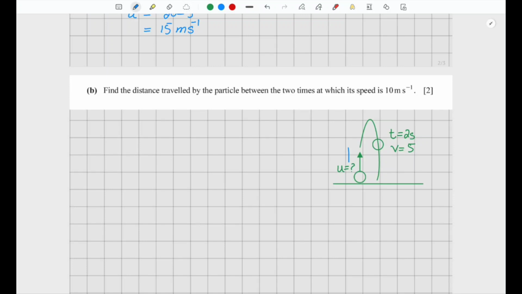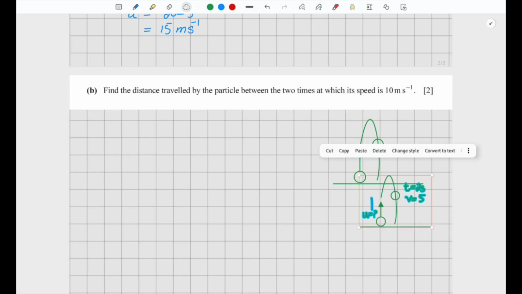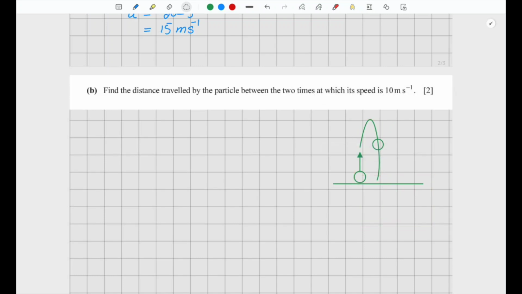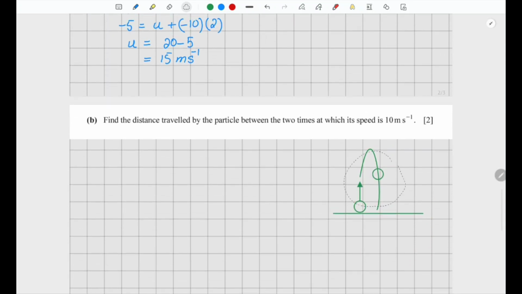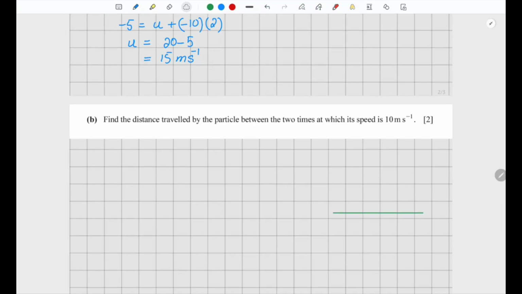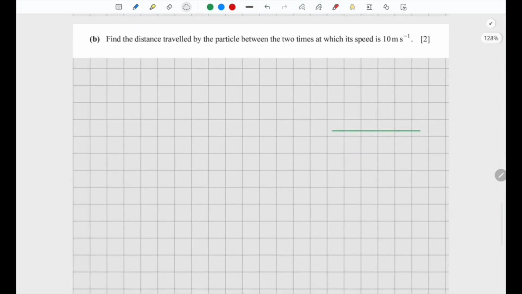Actually we should be taking another diagram for this, because it is a different kind of journey.